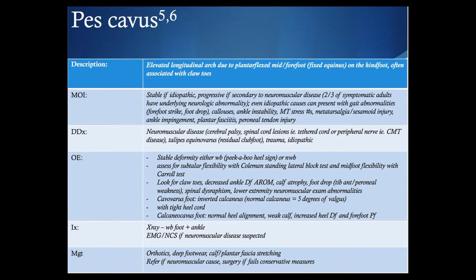Even idiopathic cases can present with gait abnormalities and other secondary issues like metatarsal stress fractures, ankle instability, skin conditions, metatarsalgia, etc. Really, when it comes to pes cavus, looking for underlying conditions, especially if progressive, should be your focus. Assessing this in various ways, whether it be stable or flexible, and looking for associated abnormalities that may point you one way or the other when it comes to differential, is really important.